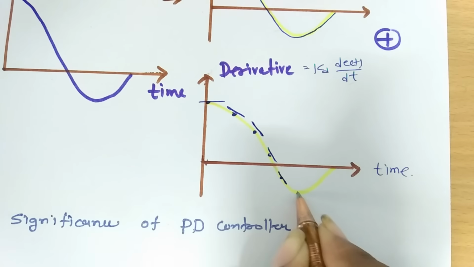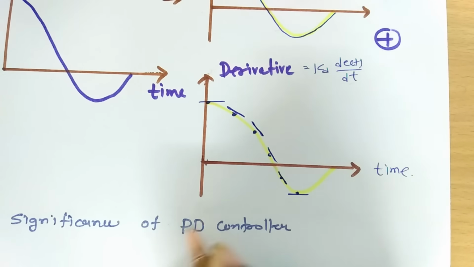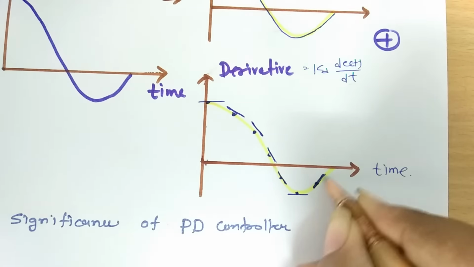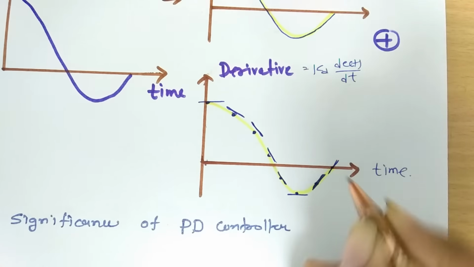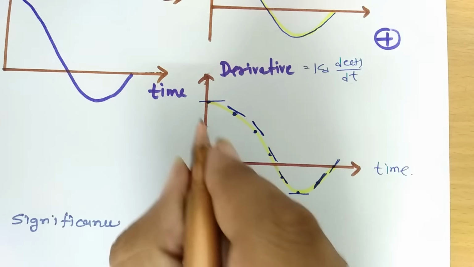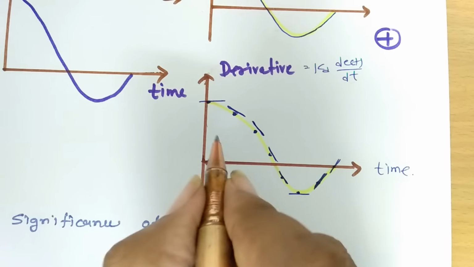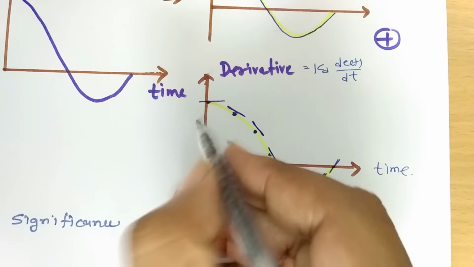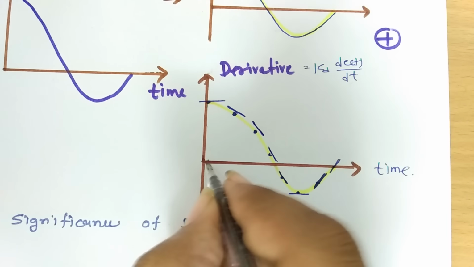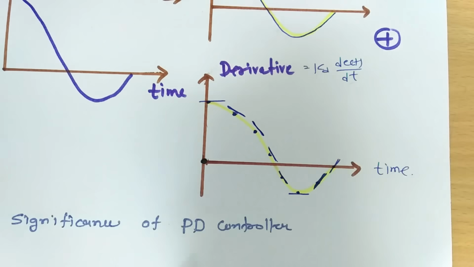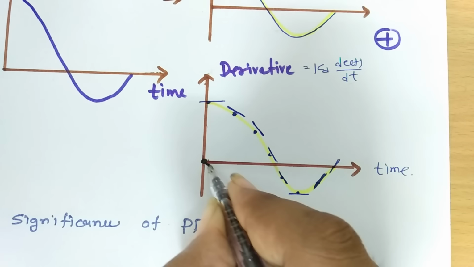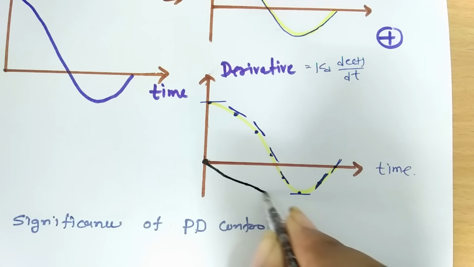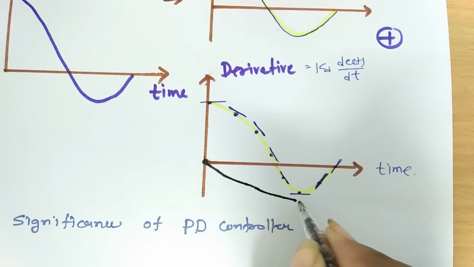At every instant we can see the slope. Over here again it is 0. Now from this point the slope is changing to positive. So ultimately the slope is the case we need to consider at the output of the derivative controller. Here the slope is 0, so the output of the derivative controller is 0. Now the slope is negative, so the output of the derivative controller will be negative. Until here the slope is negative, so the output is increasing negatively.